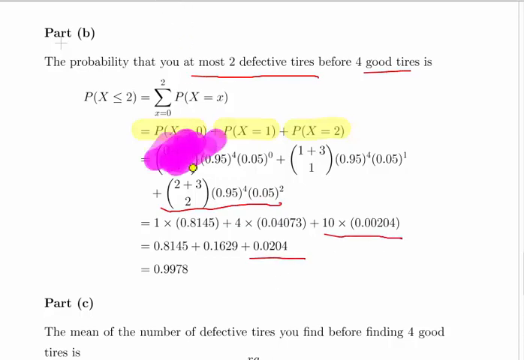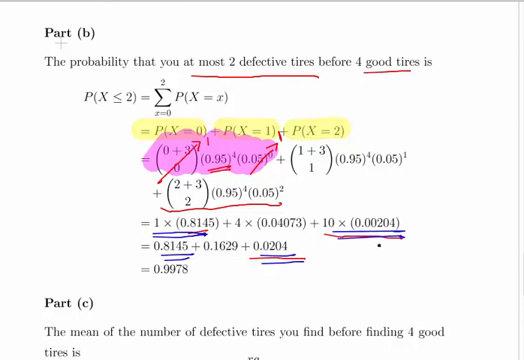The probability of x equal to 0 is a very straightforward calculation. 0 plus 3, choose 0, from 3 choose 0, that's just 1. And 0.05 to the power of 0 is 1 as well. And this number we've used previously, so that is 0.8145. That's the probability of x equal to 0.